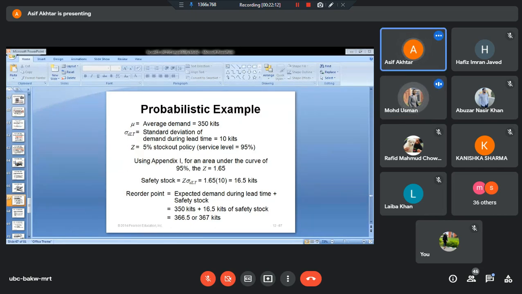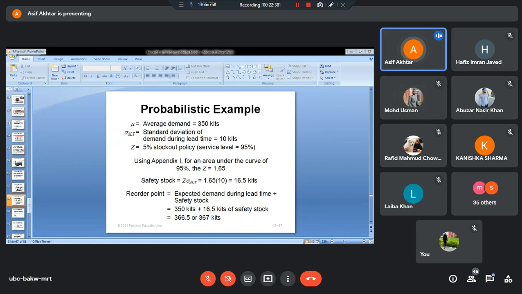What is the question? No, sir. I'm just wondering why we are adding this to the stock when we multiply Z with standard deviation. But the way it's written in the formula, so I guess I have to learn it.